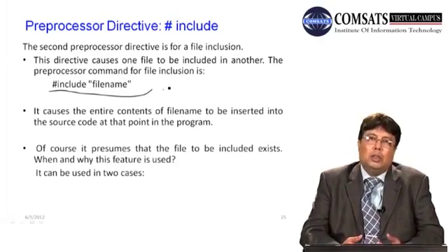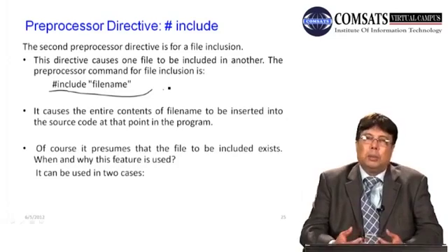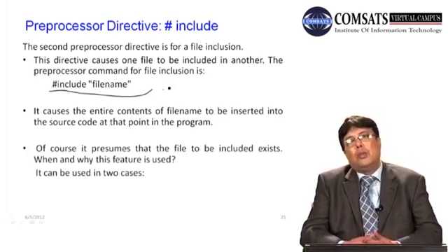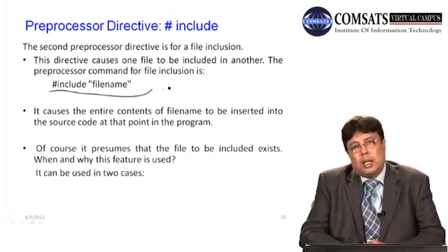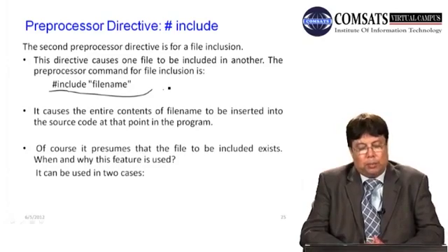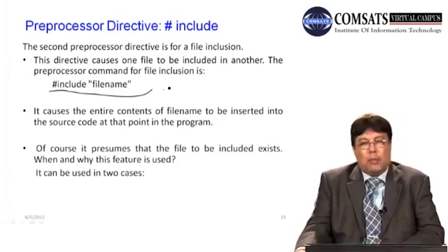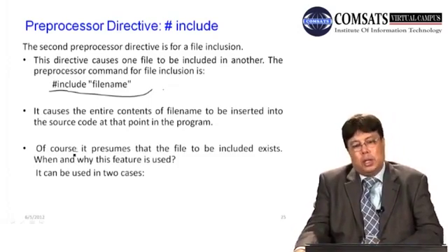In that particular file, you call another file. The complete code from the second file comes and is inserted into that particular location where you have used this particular directive or this particular command. The entire contents of the file name are inserted into the source code at the point where you have requested it.